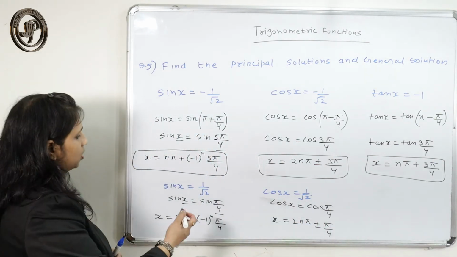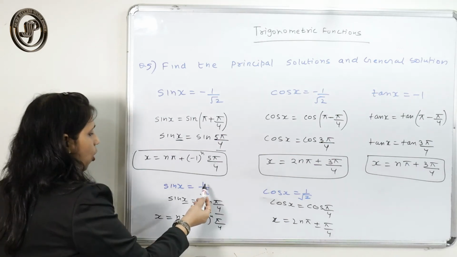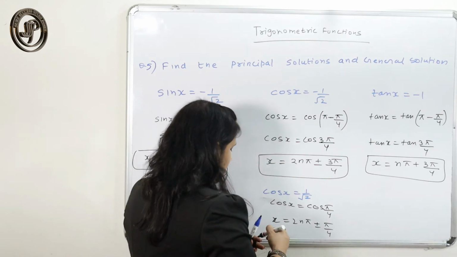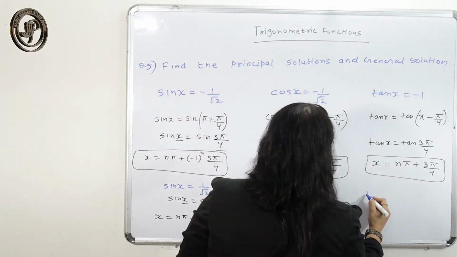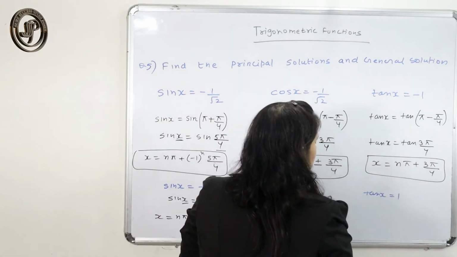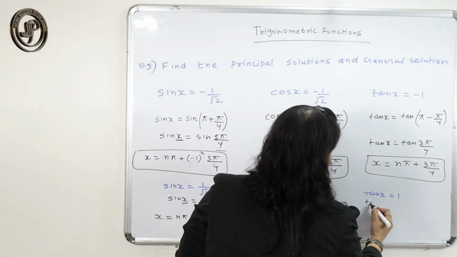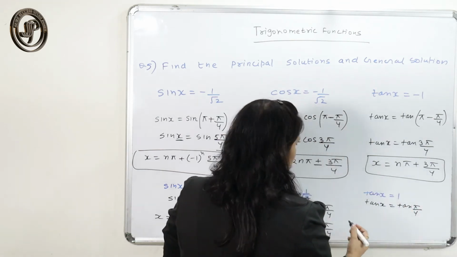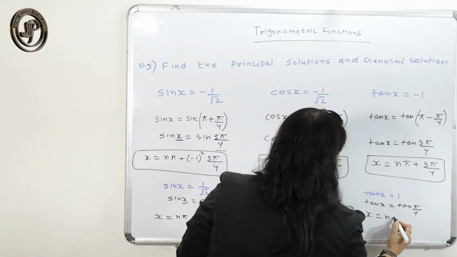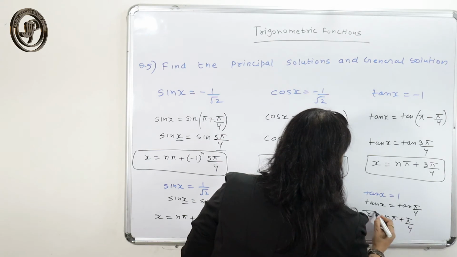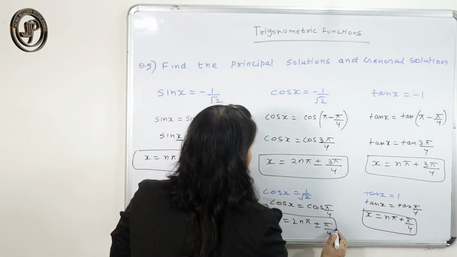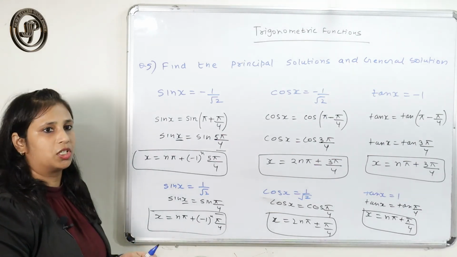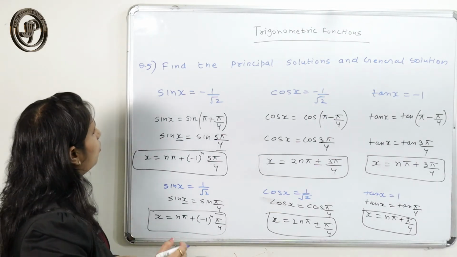Okay, in positive, you need not be worried. Just whatever value of this axis, you just have to write that angle only. And in tan also, you can do the same thing. If tan is 1, we know that tan is 1 at pi by 4. So you can just write pi by 4. Then x will be n pi plus pi by 4. Okay, so in this way, you can find the general solution of these 3 questions. So just remember this thing only.